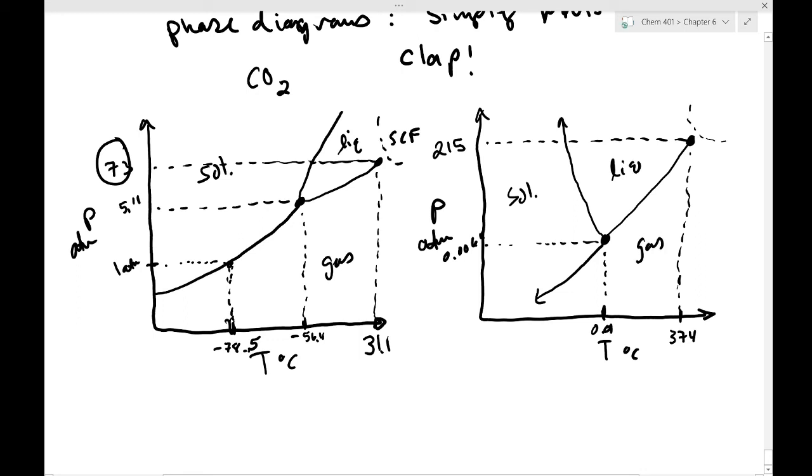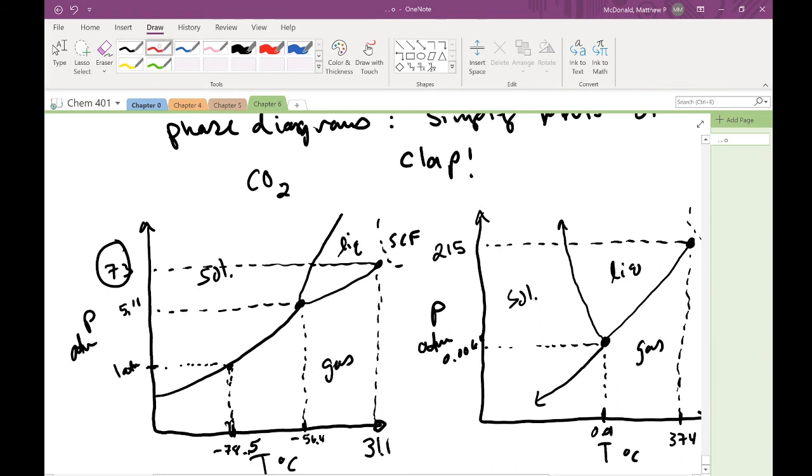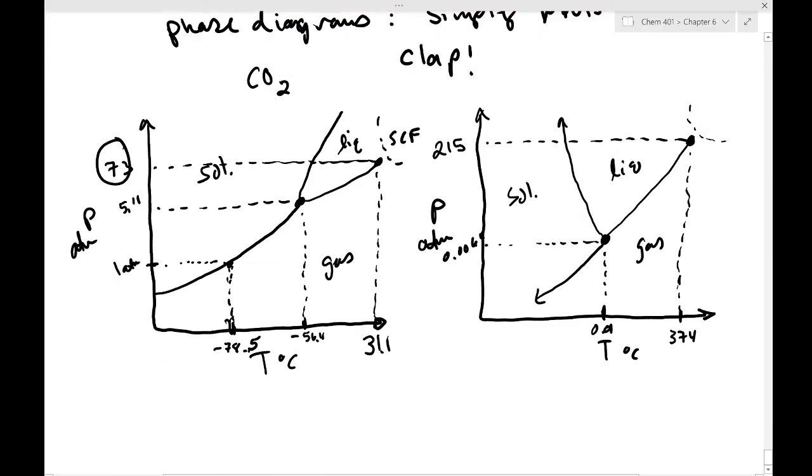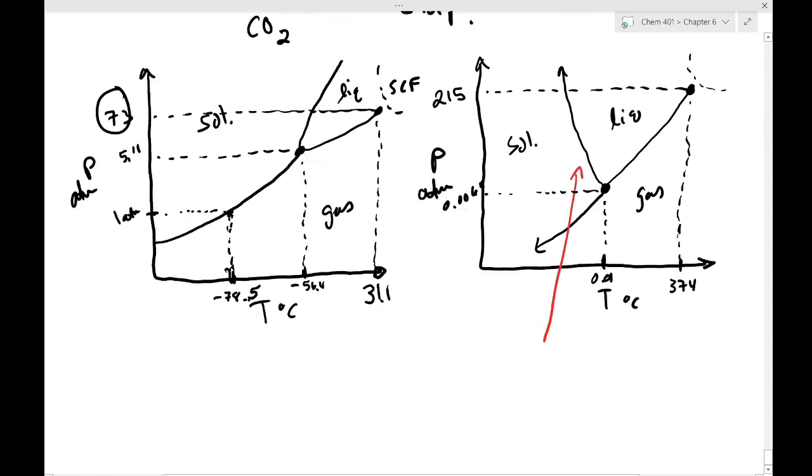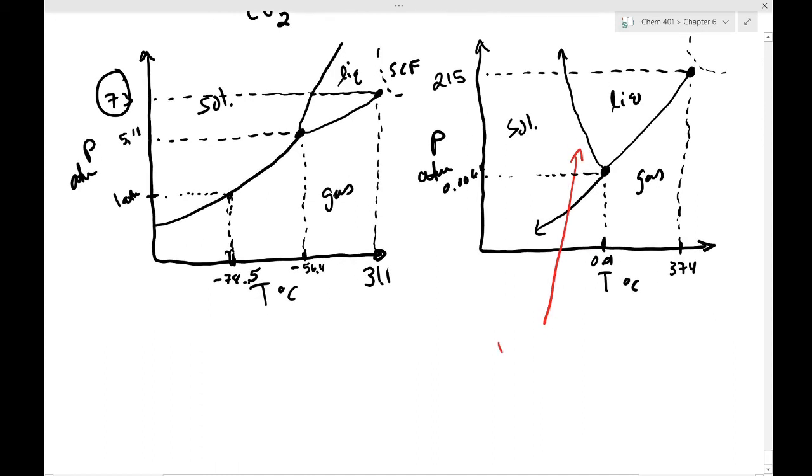Now, there is something weird about water's phase diagram that's different from CO2, and it's only true for a few substances. That is the fact that the melting line, the fusion line, has a negative slope.